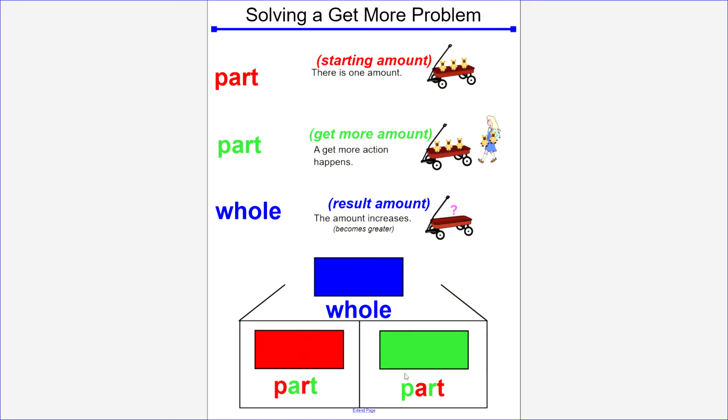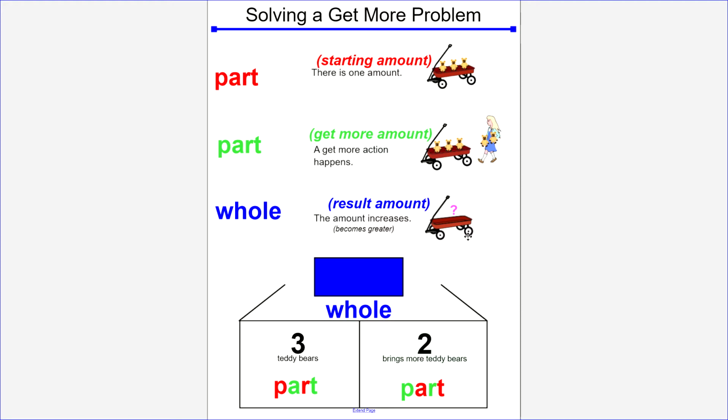When we want to solve a get more problem where we do not know the whole, we use a bar diagram to help us. We start by putting the information in the bar diagram. We know that there are 3 teddy bears to start with. That's our starting amount. So we would put 3 teddy bears as a part. We know that the get more amount is 2 more teddy bears the girl brings. That is also a part, so we put that inside of the bar diagram.